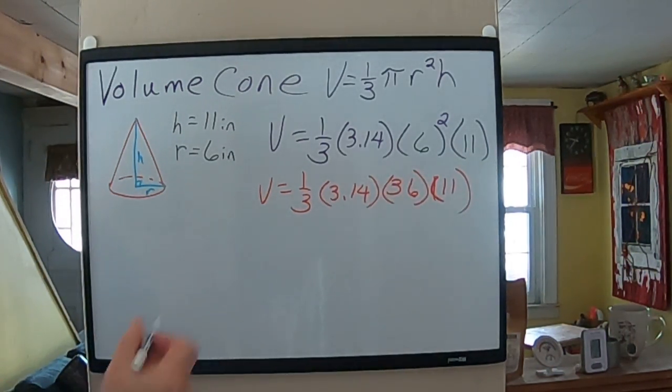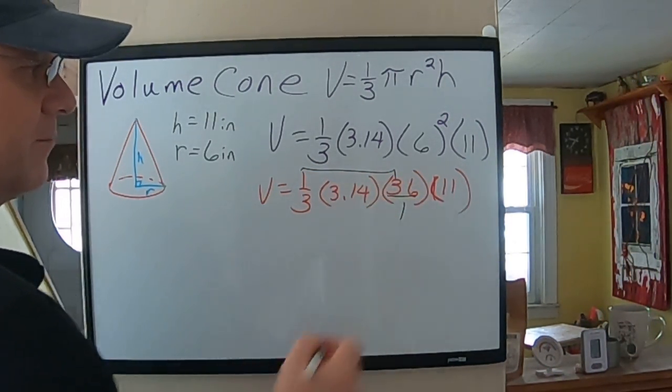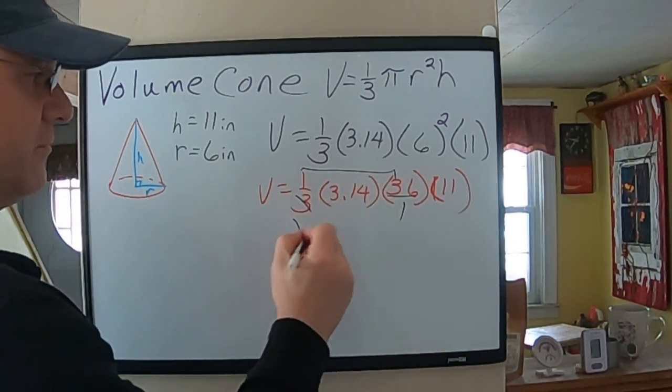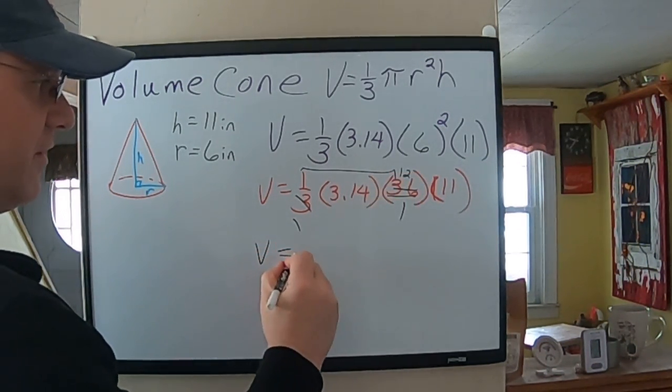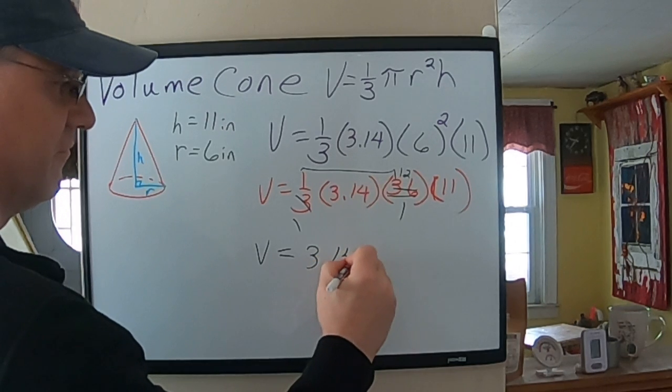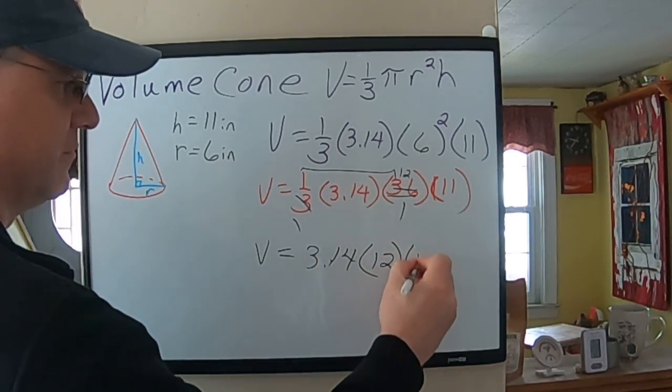Now again, we can connect up the 1/3 and the 36 in this case. I can put that over 1 and I can reduce here. 3 goes into 36 12 times. So volume is 3.14 times 12 times 11.